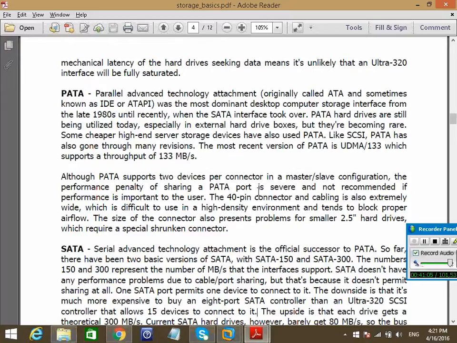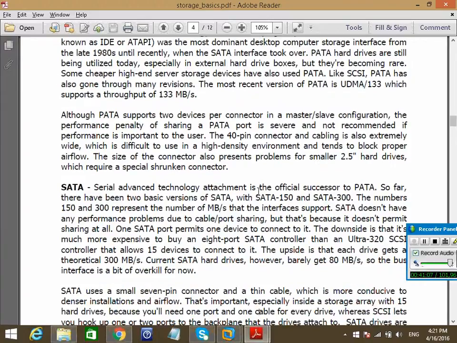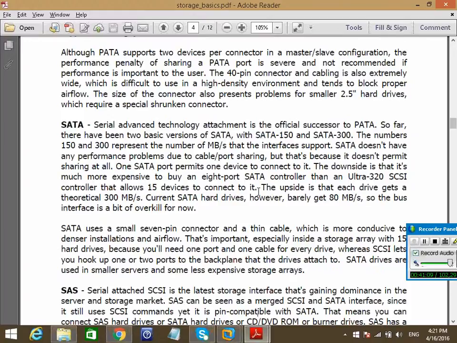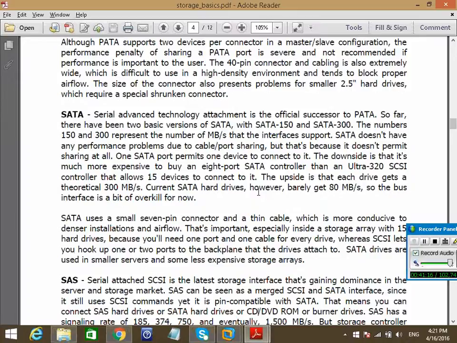Serial ATA is officially the successor to PATA. So far there have been two basic versions of SATA: SATA 150 and SATA 300. The numbers 150 and 300 represent the number of MB per second the interface supports.